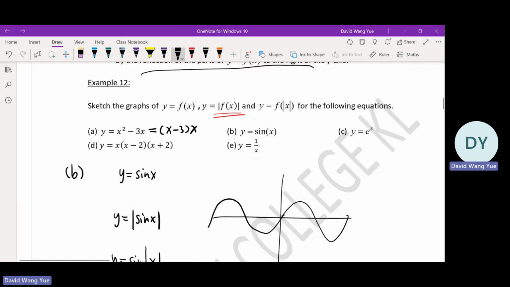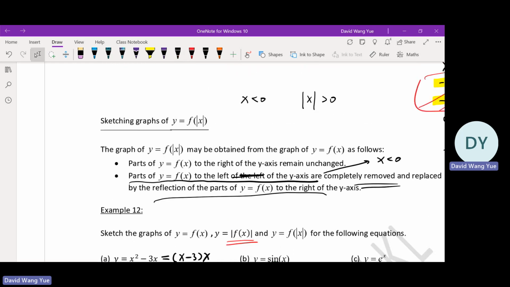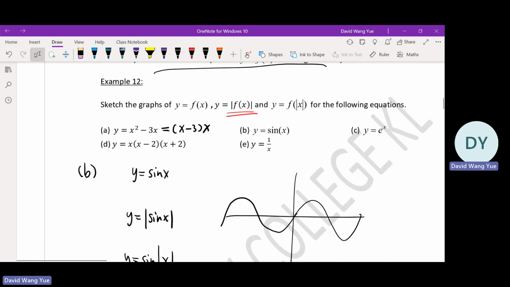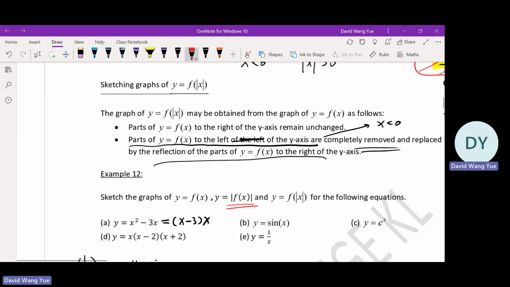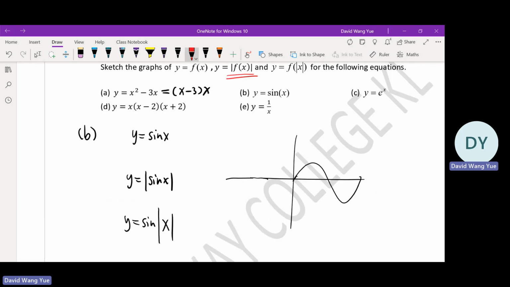Now remember, the part of f(x) to the left of the y-axis is totally removed, and then replaced by the reflection of the parts of f(x) to the right of the axis.